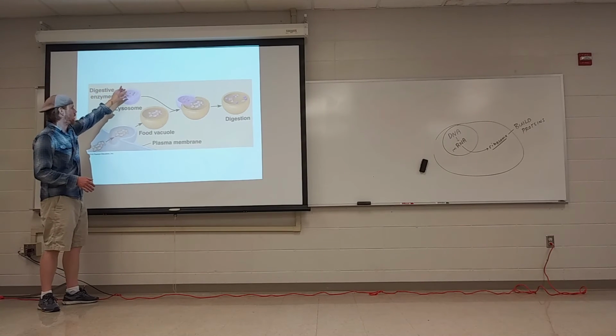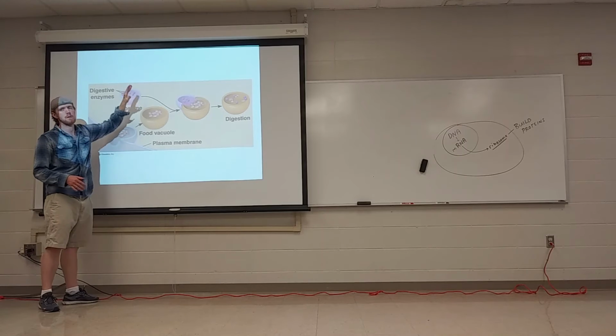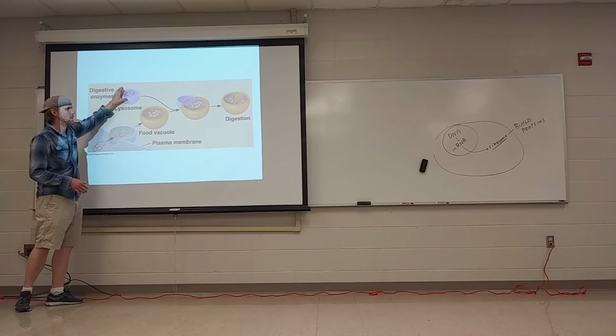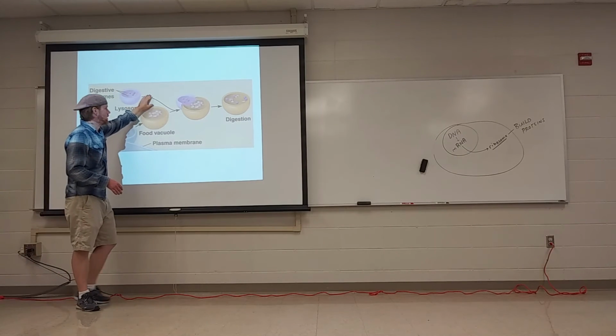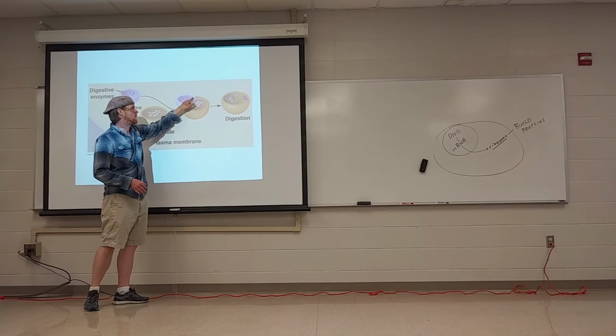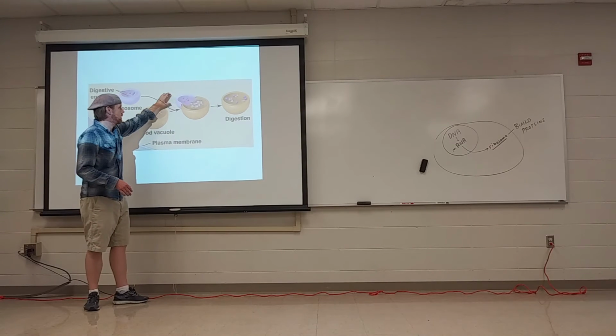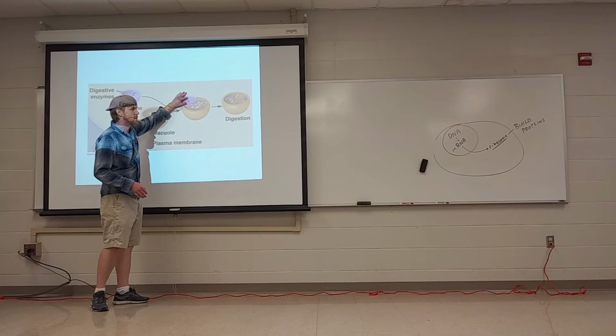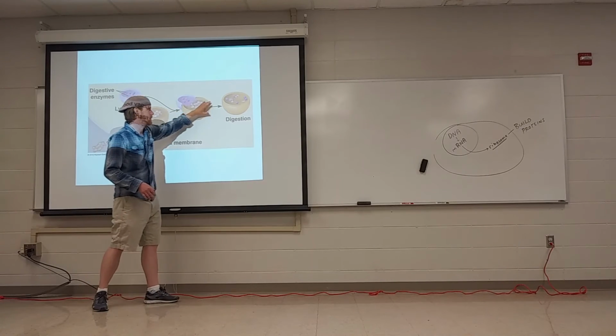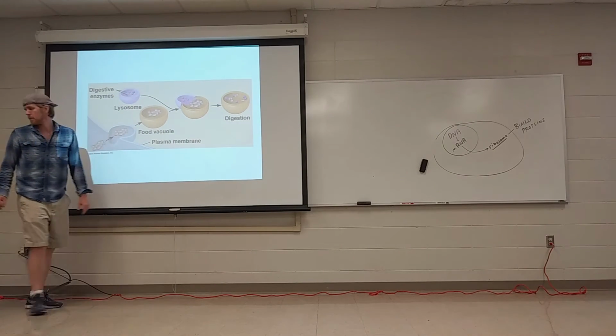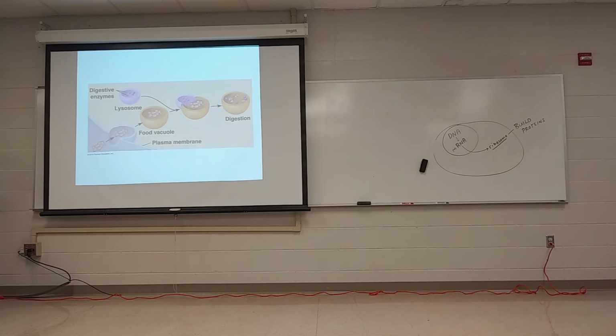Digestive enzymes are inside of your lysosome, which is also a sac of membrane. It's going to ultimately fuse with the food vacuole because they're made from the same stuff. They fuse, the digestive enzymes within are released, and they break down what's left of that food item that you had consumed.